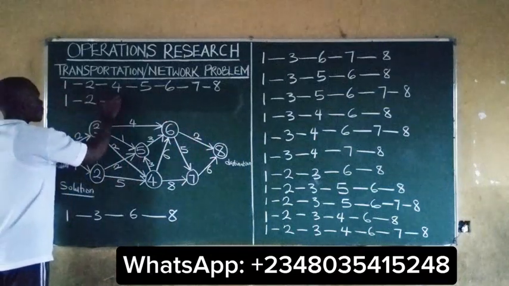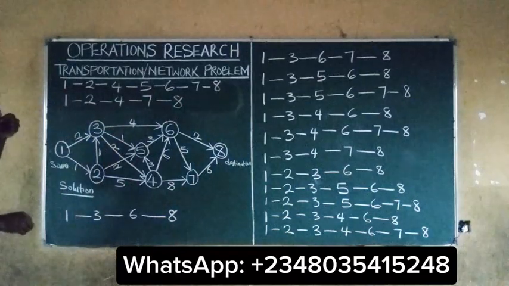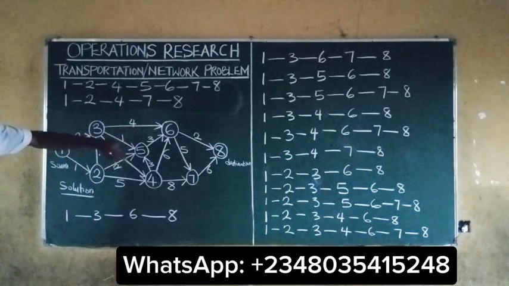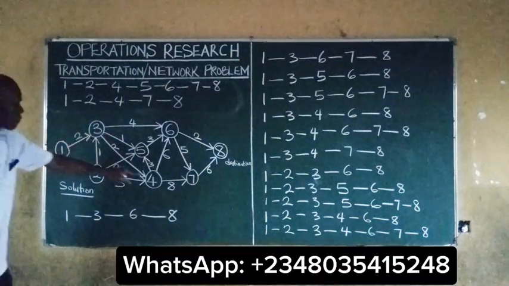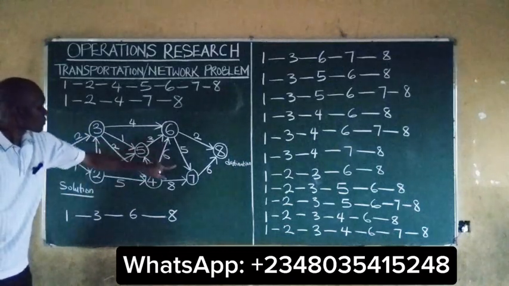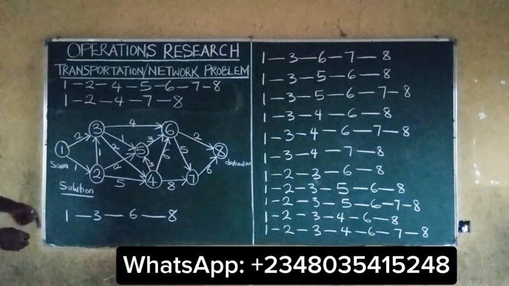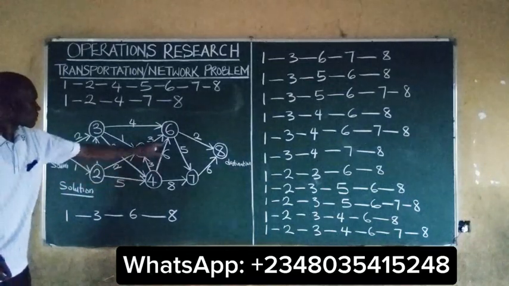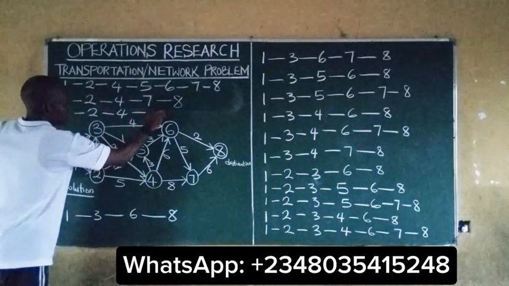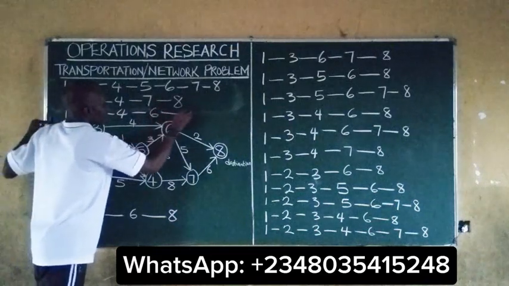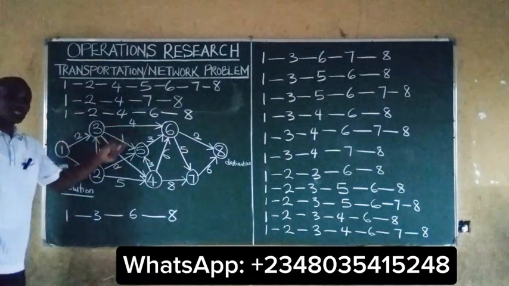Then 1, 2, 4, 6, 8. So these are the different routes we can get from this network problem.